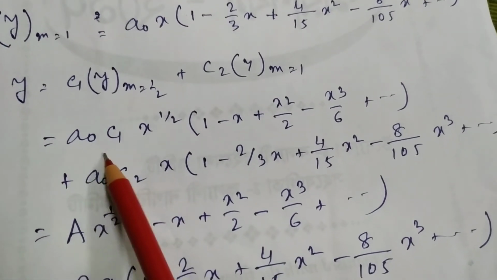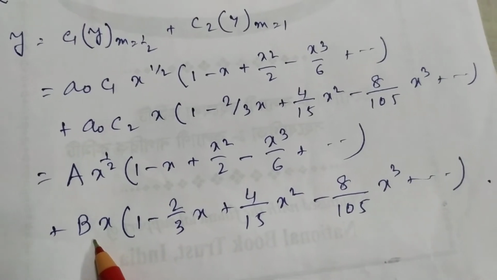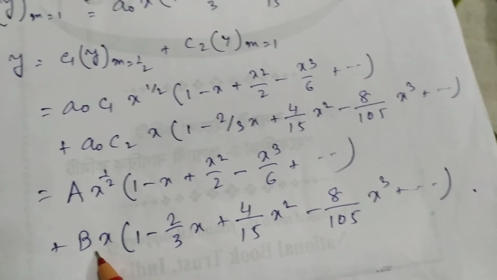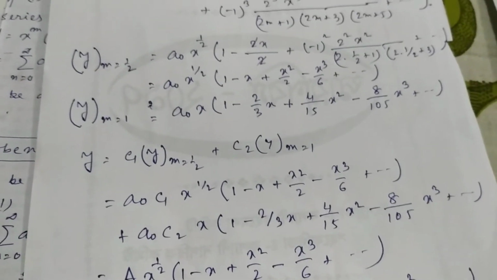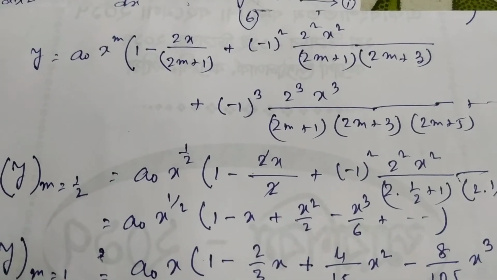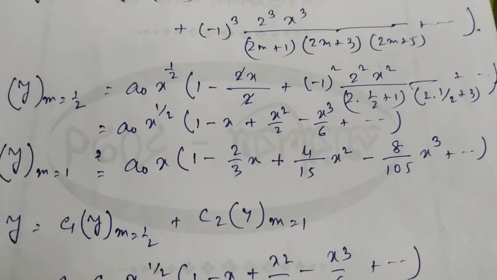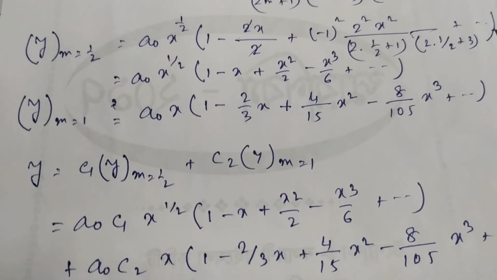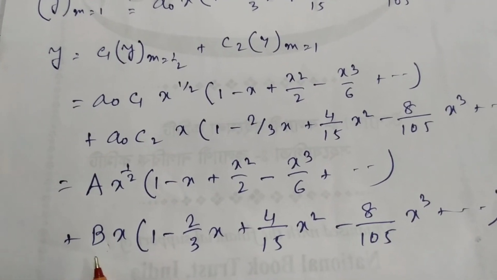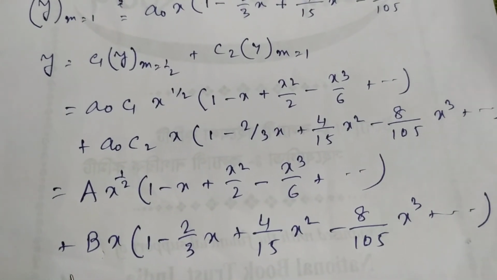Let us assume A naught C1 equal to capital A and A naught C2 equal to capital B. So this is the solution where A and B are the arbitrary constants. This is the method of solution with regular singular point.